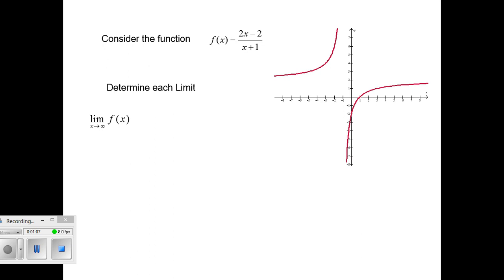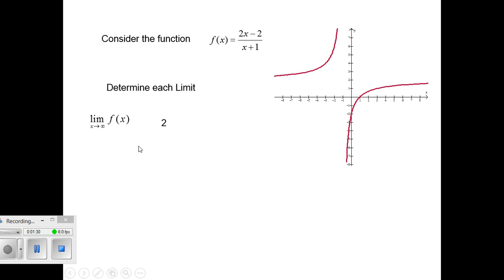So in the long run, we have an end behavior of y equaling 2. The function is moving towards y equals 2. So as we ask what is the limit as x goes to infinity, we conclude that it is 2.